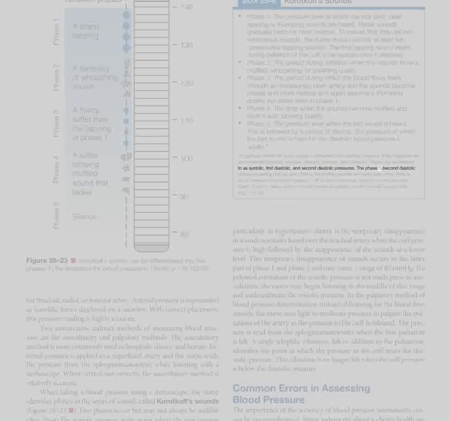The phase 5, second diastolic pressure, reading may be 0, that is, the muffled sounds are heard even when there is no air pressure in the blood pressure cuff. In some instances, muffled sounds are never heard, in which case a dash is inserted where the reading would normally be recorded, for example, //110.